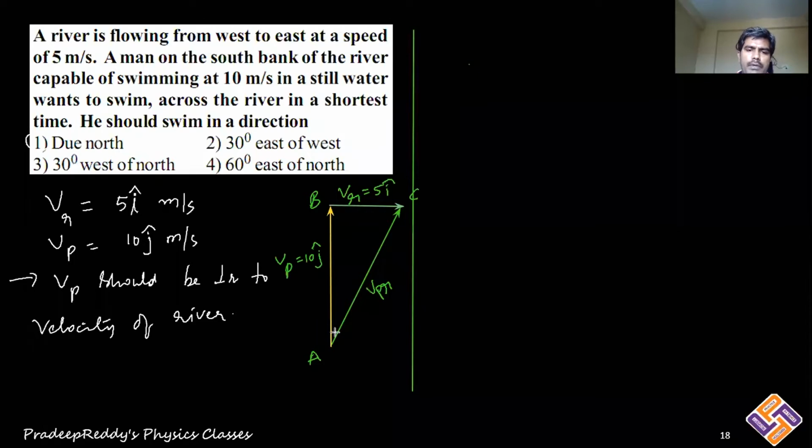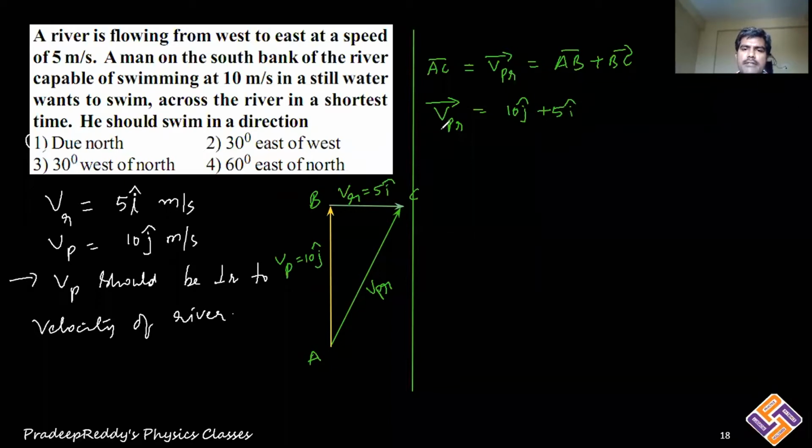Now let me write down this vector. How do you write AC bar? AC bar can be simply written as the sum of AB vector and BC vector. So AC bar is equal to the velocity of the person with respect to the river, which is equal to AB bar plus BC bar. Therefore, the velocity of the person with respect to the river, that vector, can be written as 10 J cap plus 5 I cap. I'm using a triangle over there.